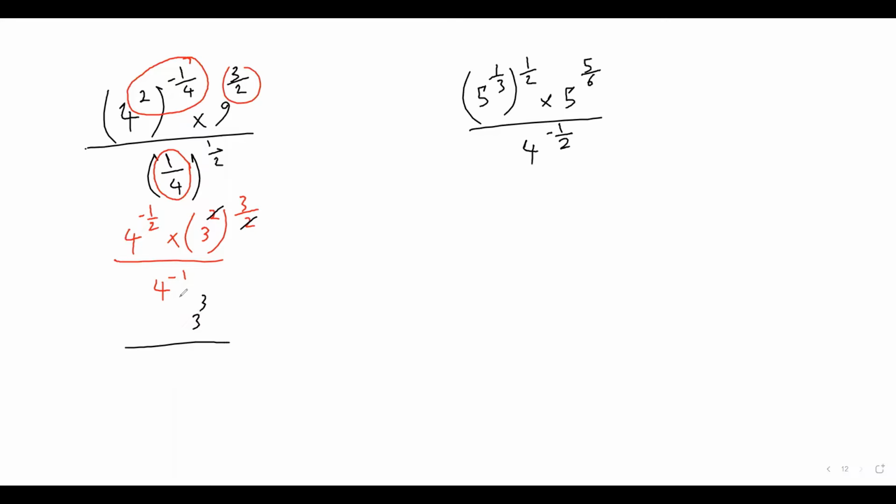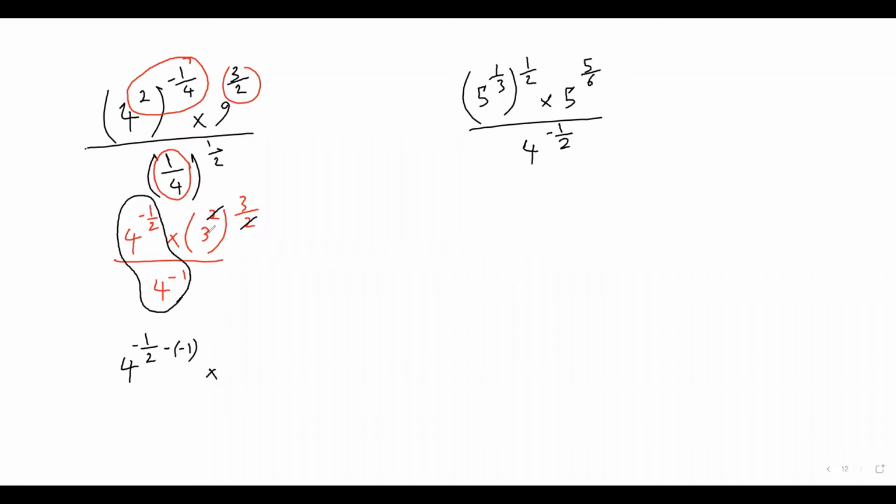And for this part, which is division, basically you can apply the second law, which says if the bases are the same, you subtract the powers, meaning negative half minus 1. Please don't mess up the signs.